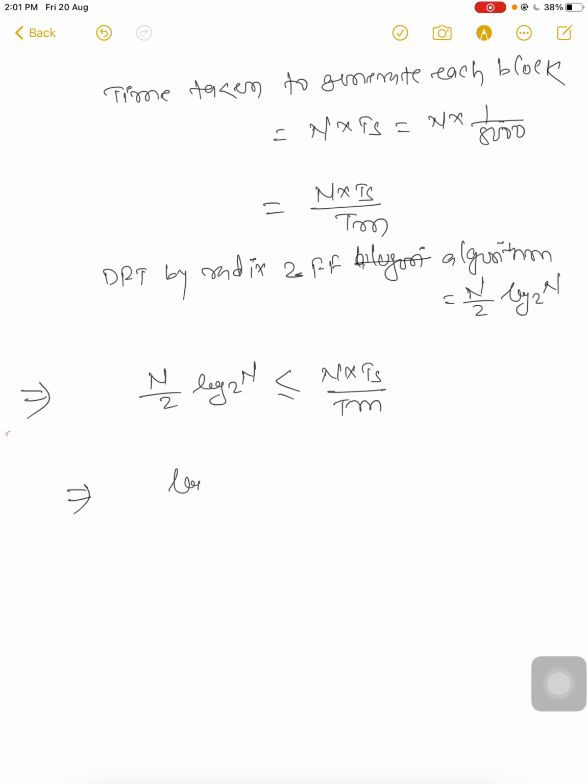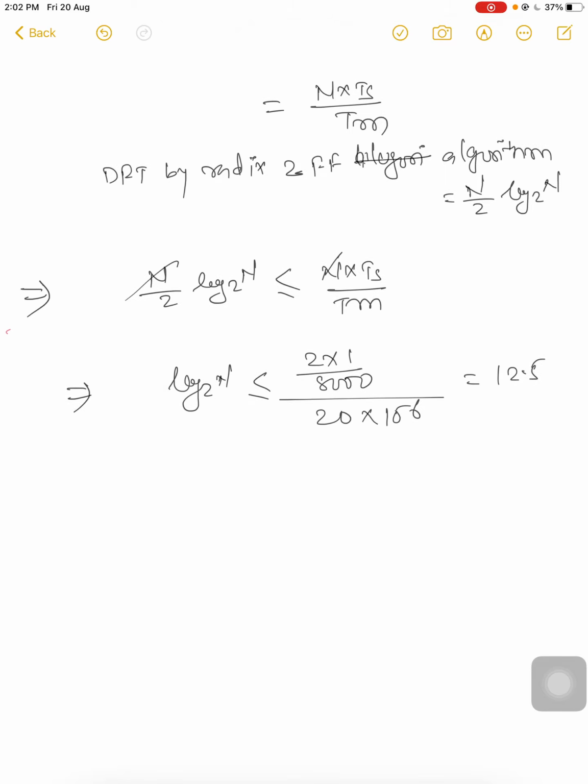Okay, so after calculation, log 2 to the power n should be less than... and here we will get 2 upon 2 into... and cancel out, so 2 will be 2 into Ts is equal to 1 by 8000 upon 120, Tm is 10^-6, is equal to 12.5.